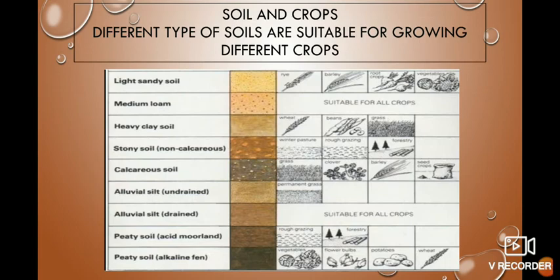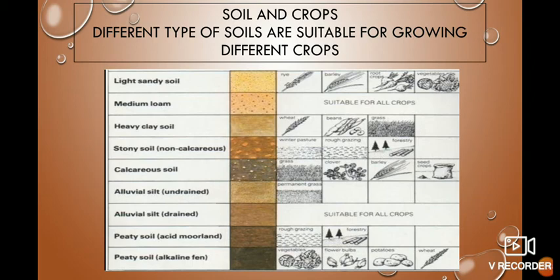So these properties of soil determine what crops to grow in it. If the crop requires a lot of water and I try to grow it in a sandy soil, will it grow there? It will not grow. So we must only grow crops which are suitable to be grown in that particular soil. In a sandy soil, you can grow crops like wheat, most of the vegetable crops, and some fruit trees also.